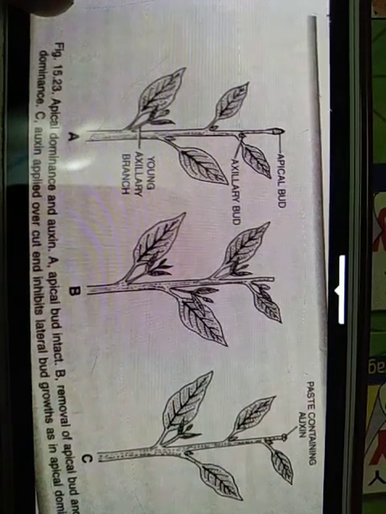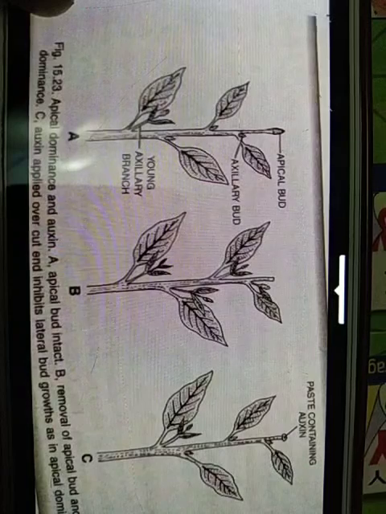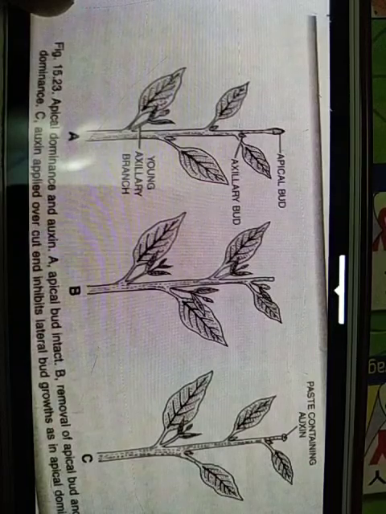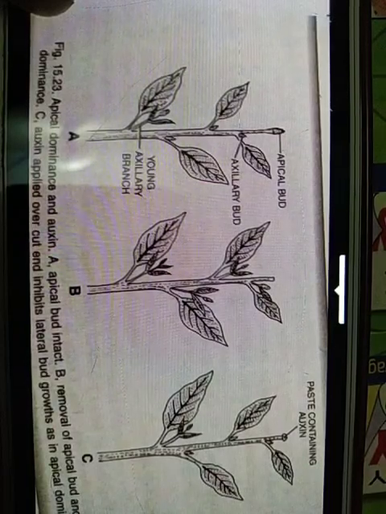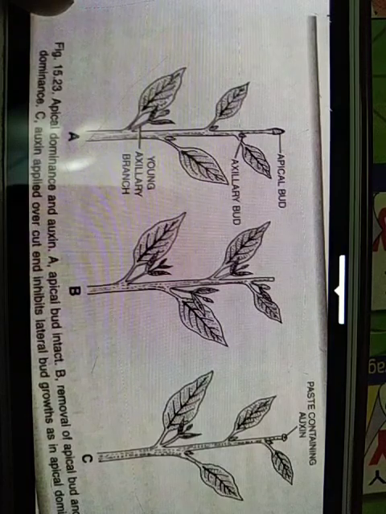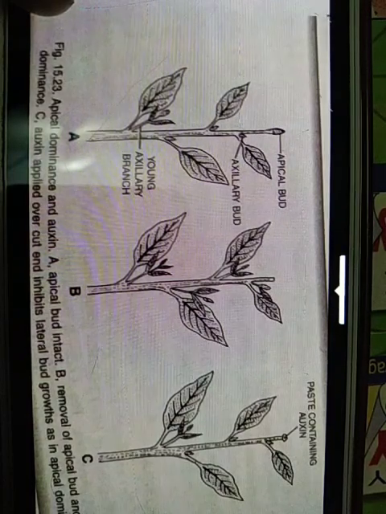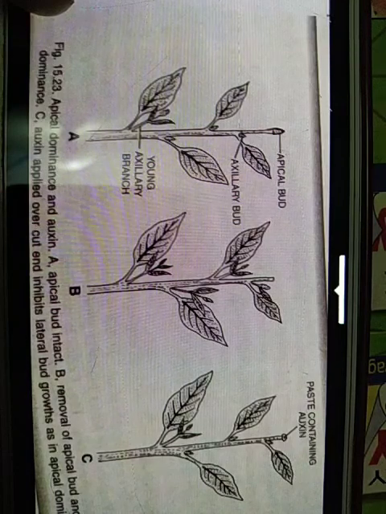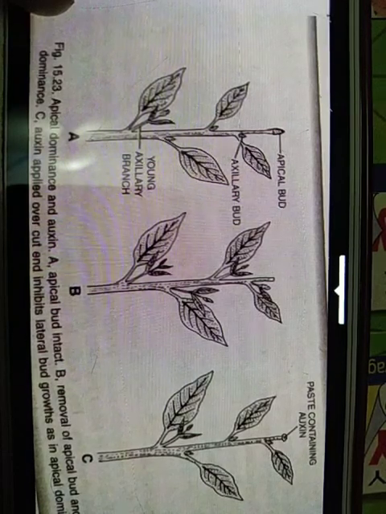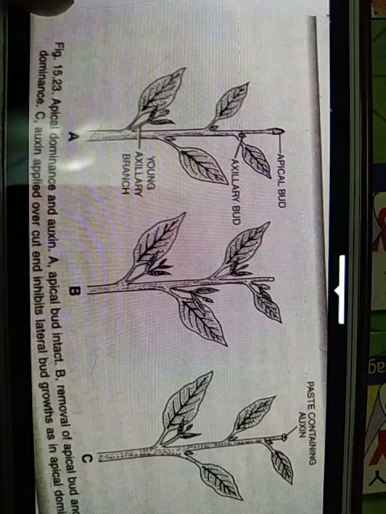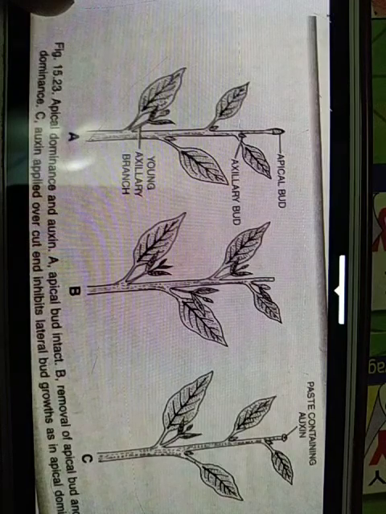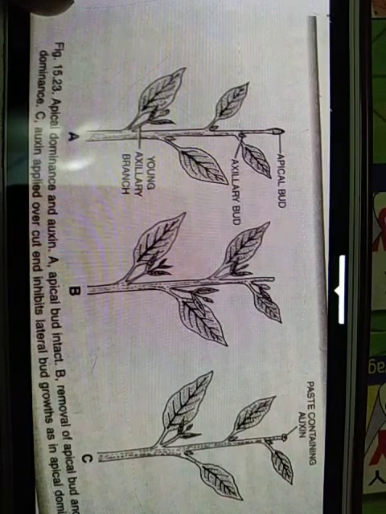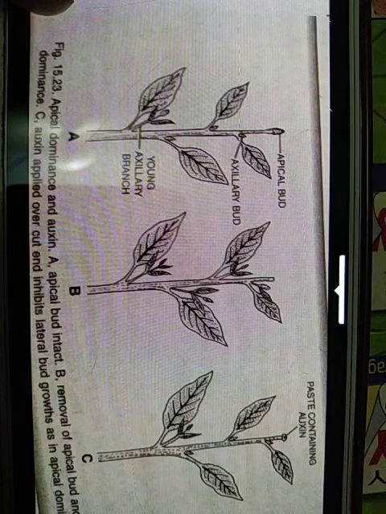Tropic movement. Differential distribution of indole-3-acetic acid produces tropic plant responses like phototropism and geotropism. Now, phototropism and geotropism are induced by auxin. Auxin has a feminizing effect on some plants. That means it helps in producing only female flowers.